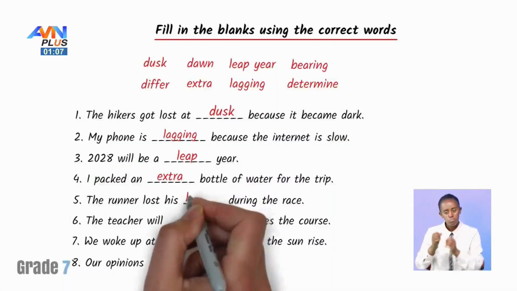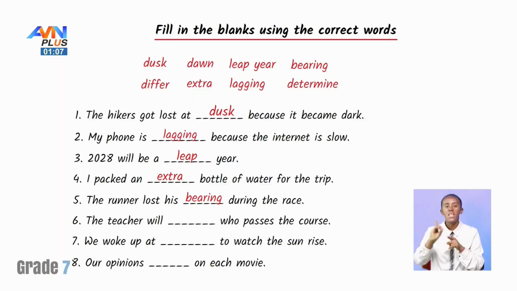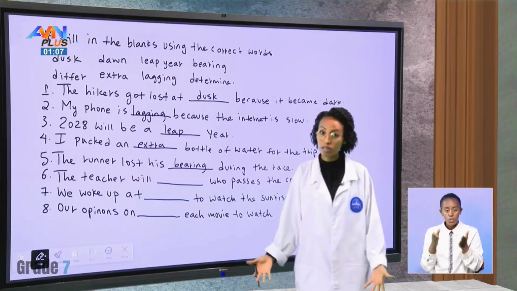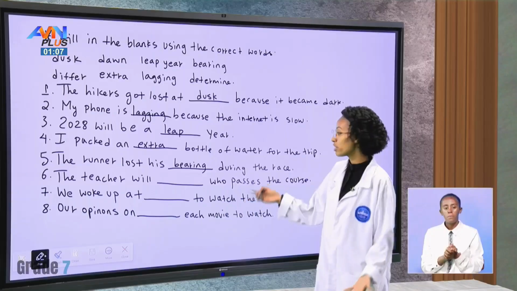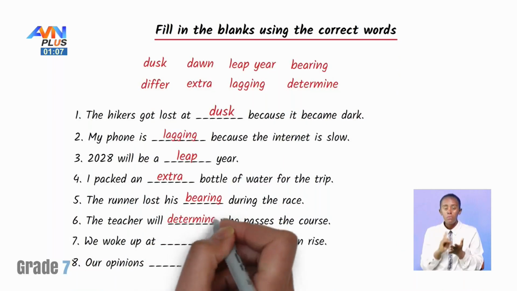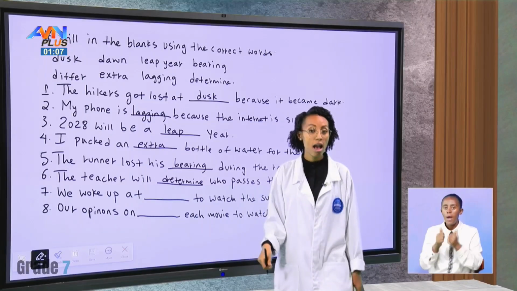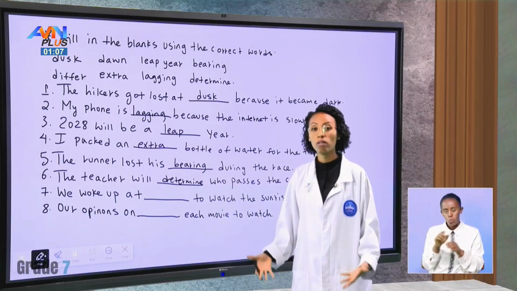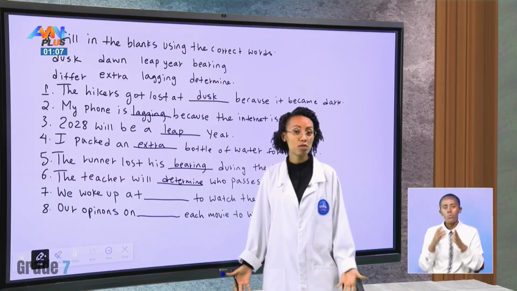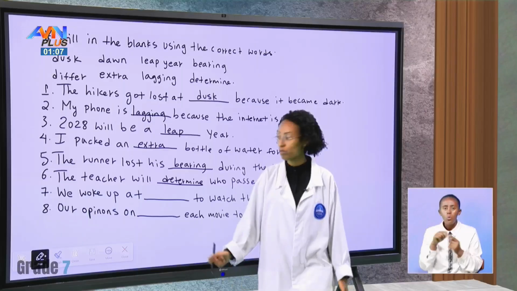So, lost his bearing during the race. Number 6. The teacher will determine, in this case, it is what? Determine who passes the course, because after you have completed all of your projects, all of your tests, and all of your class activities, then your teacher would know who to pass and who to fail.